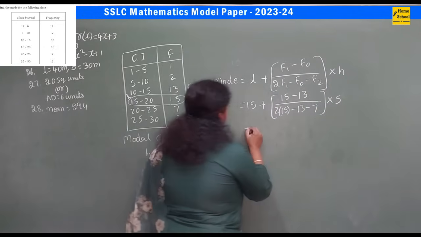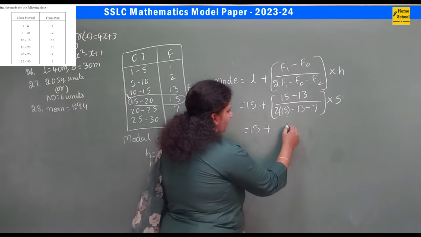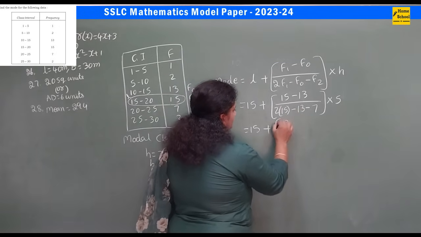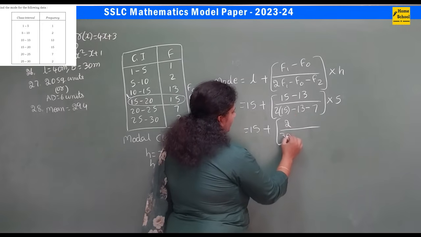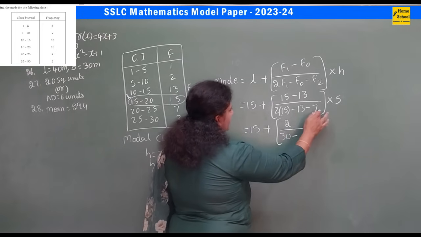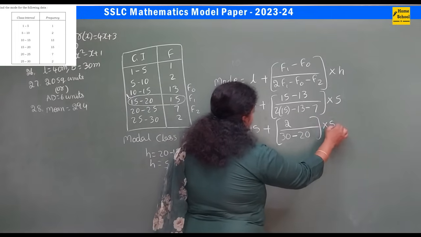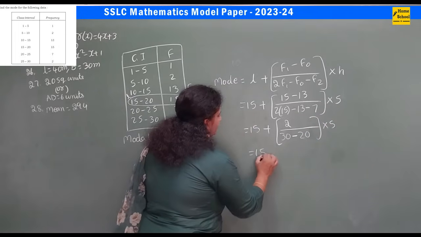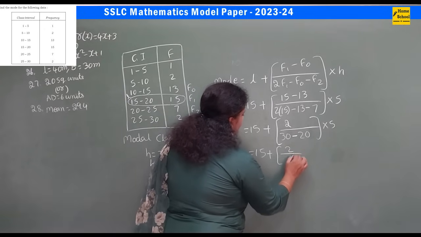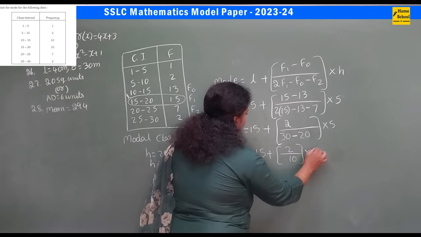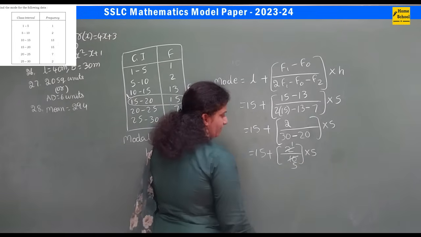Now this is equal to 15 plus 15 minus 13 will be 2. Right? 15 2s are 30 minus 13 minus 7 will be minus 20 into 5. 15 plus 2 by 30 minus 20 will be 10 into 5. 2 5s are 10. 1 will be there here.